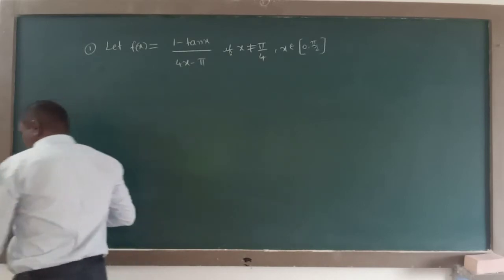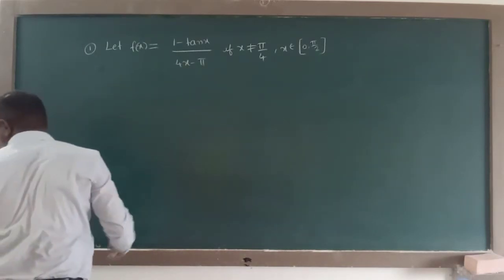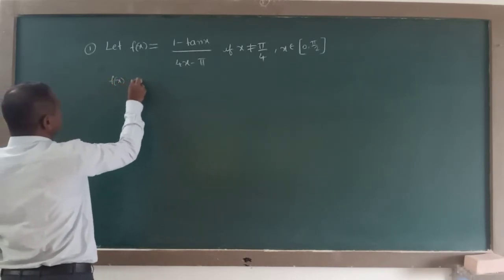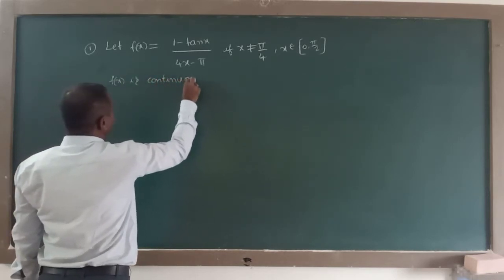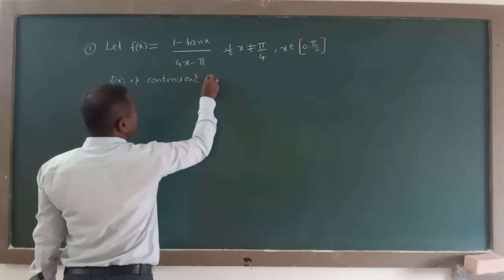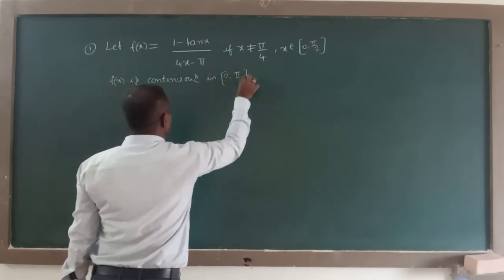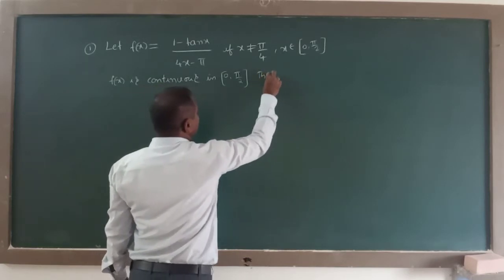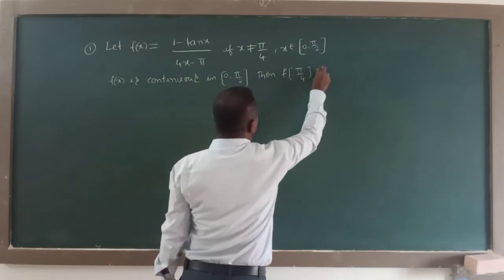Then f of x is continuous in the interval 0 comma pi by 2. Then f of pi by 4 is equal to how much, they are asking here.